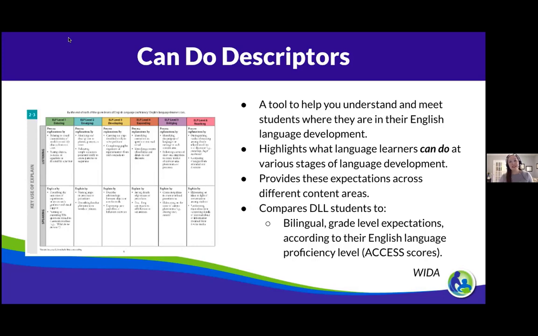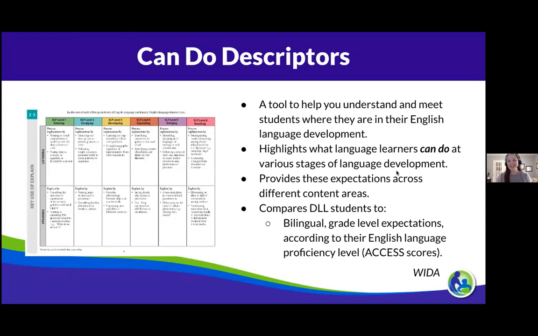So it provides these expectations across different content areas, which I'll touch on, and it compares dual language learners to other bilingual students. Not only that, but to grade level expectations for dual language learners. And it also individually tells us what we can expect for your target student. So not just third grade in general, but for your Joey in third grade individually, what should we expect for his performance?